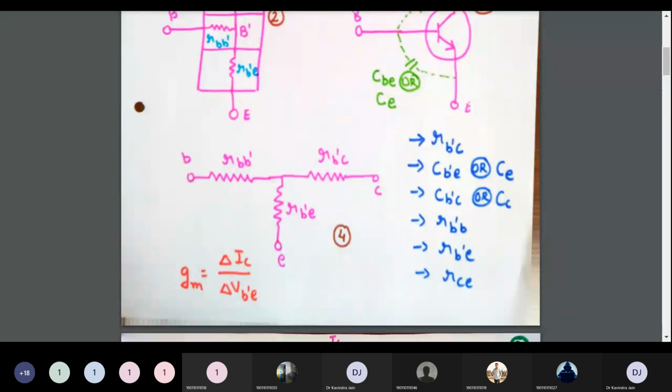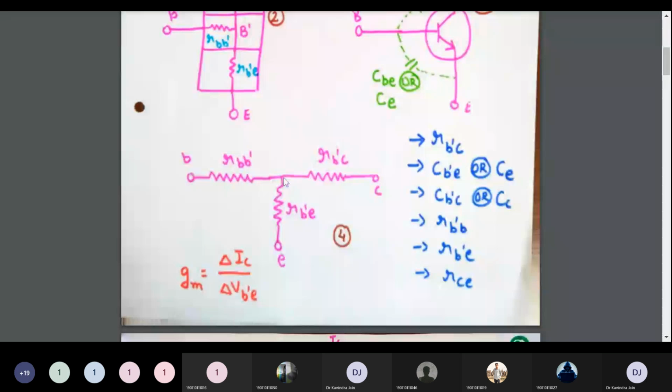The virtual base, which is B dash, for the junction capacitance to be connected to instead of B, is known as R B dash E. So basically this node is not B, it is B dash.